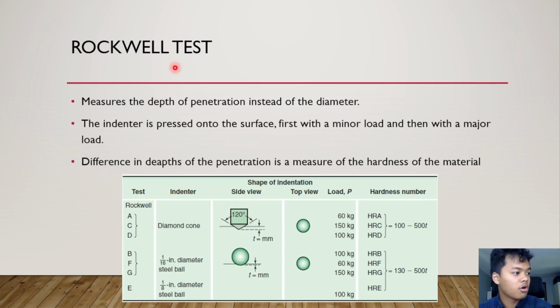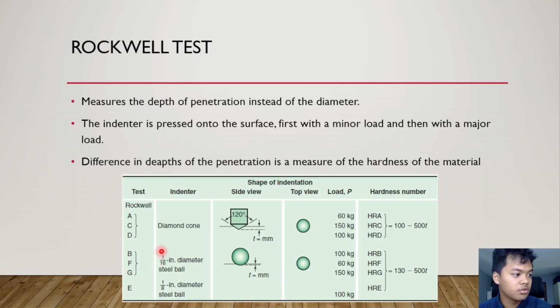For Rockwell tests, we got 7 different scales: Rockwell A, C, D, B, F, G, and E. For A, C, and D, we use the diamond cone, and for B, F, G, and E, we use a ball indenter.